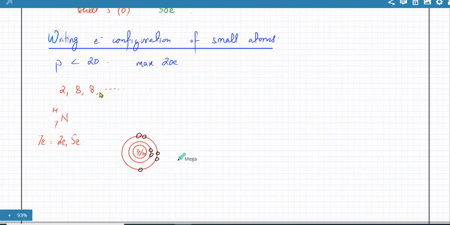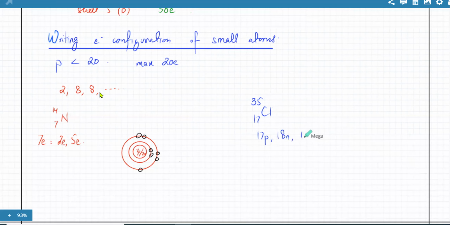So it's 2 and 5. That's it. A slightly bigger atom would be, let's talk about chlorine. Let's try and draw chlorine. Now, chlorine has 17 electrons. It's 17 and 35. Again, you've got 17 protons. What's 35 minus 17? That's 18 neutrons.